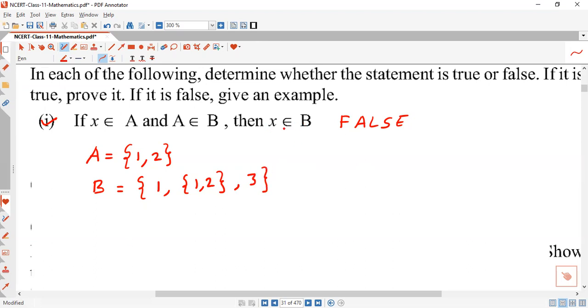Now we say that X belongs to B. I say that X is there. X belongs to A, X belongs to B, right?